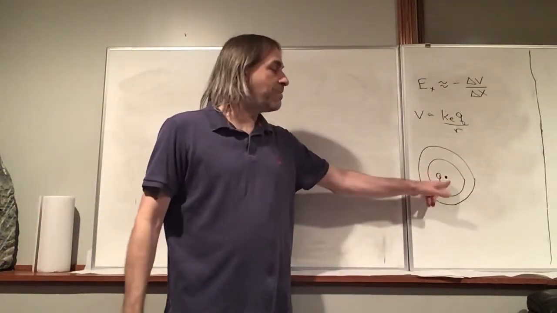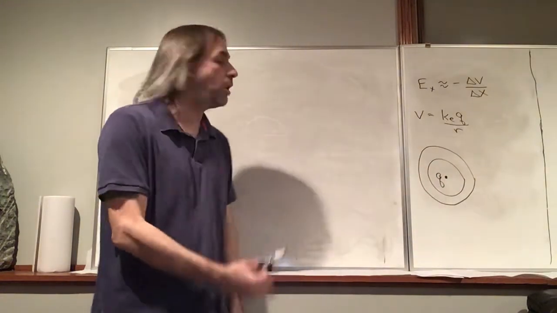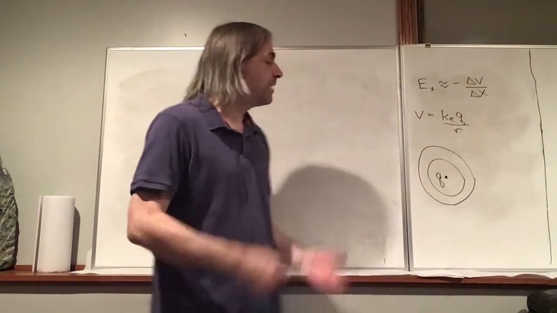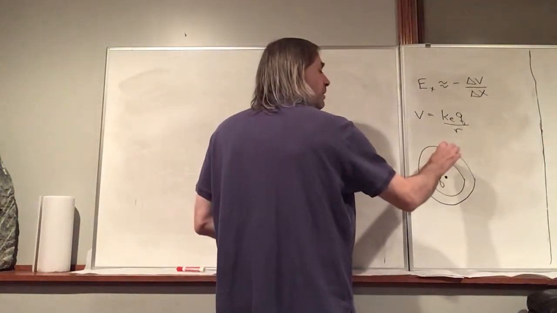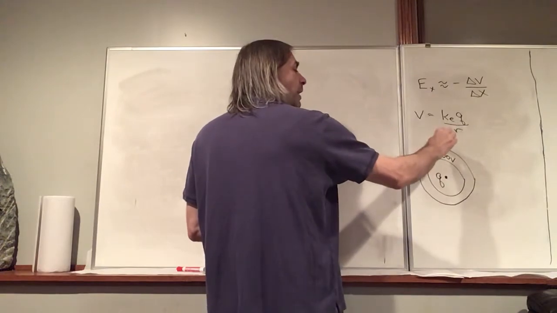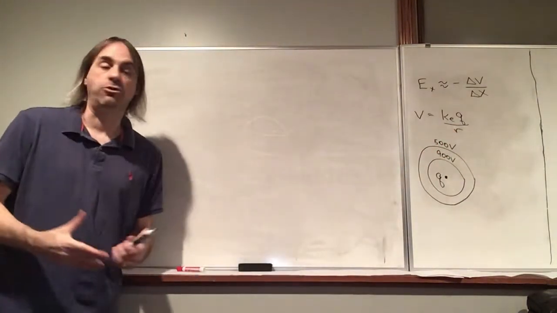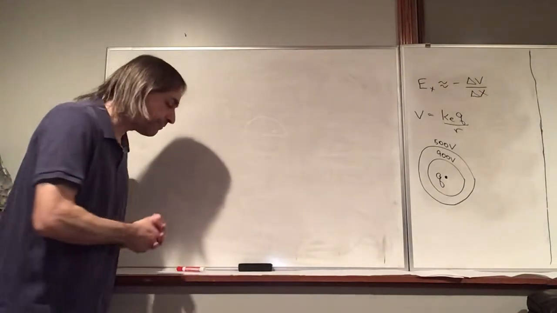And let's say this is a positive charge, so the voltage, we could easily calculate that if we knew the charge and the distance. Let's just say this one turned out to be 900 volts. And this one farther away is 500 volts. So again, that will be true for some charge and some distances.